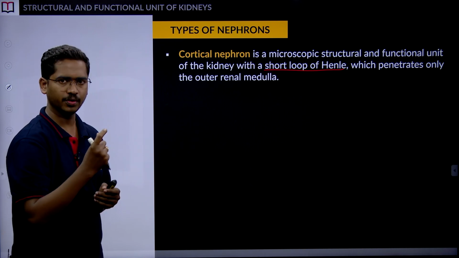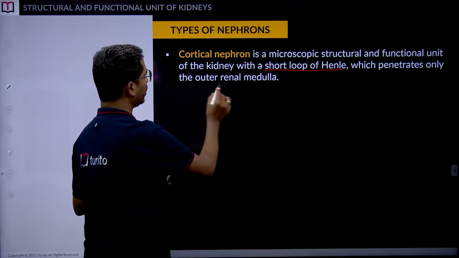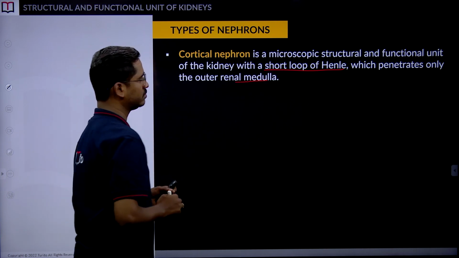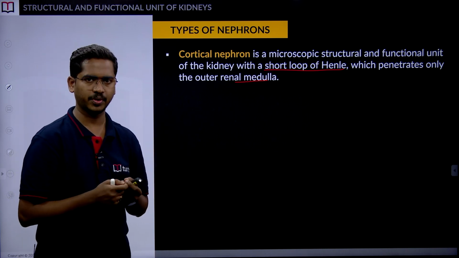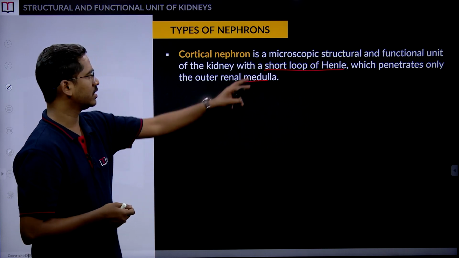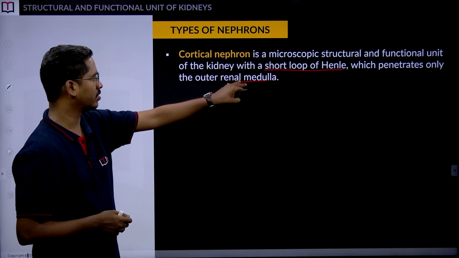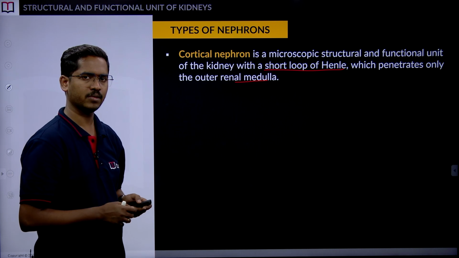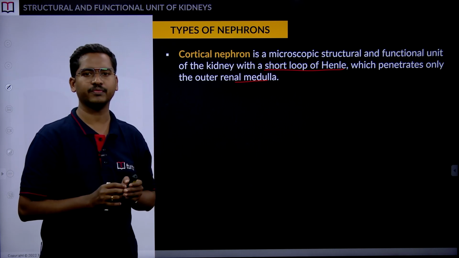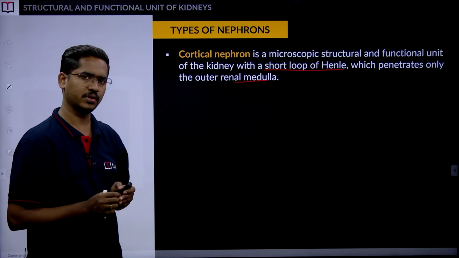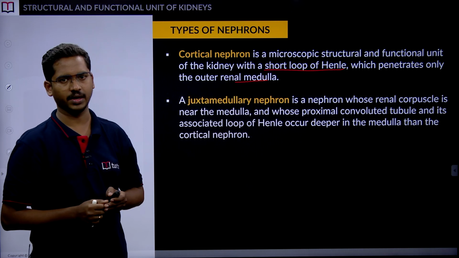It is a very short loop of Henle, okay, and it penetrates only the outer renal medulla. That is the extreme part of the pyramid, that is where you will see that shortest loop extending towards the medulla. So, this is the prime striking character of the cortical nephron, which has a small loop of Henle.